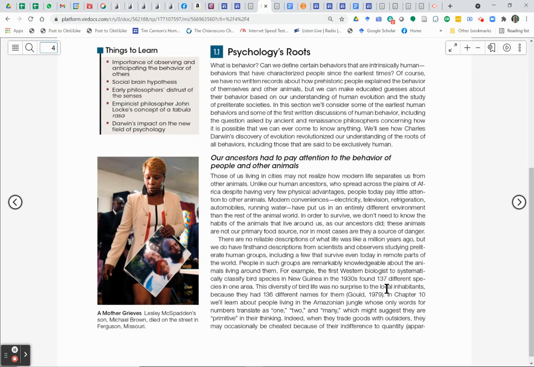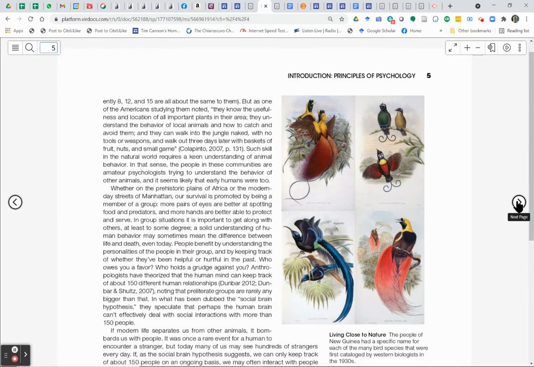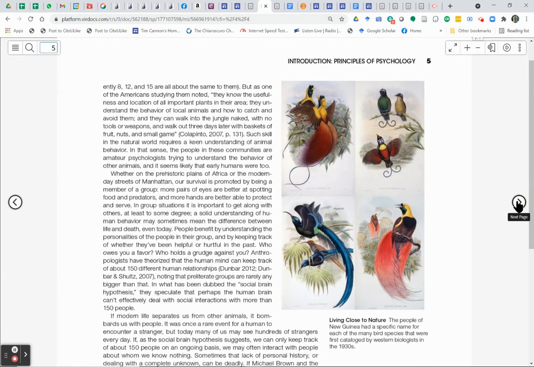He starts with us living in the natural environment into which we evolved, and evidence from people living in a more natural state is used to give examples of things. And he points out how important your environment is to your survival.